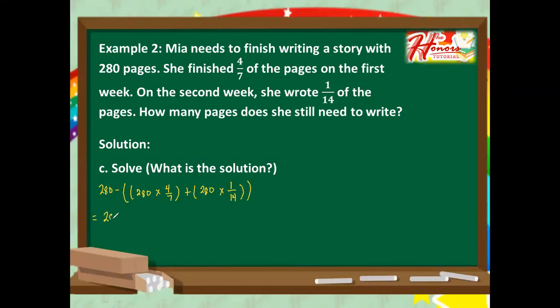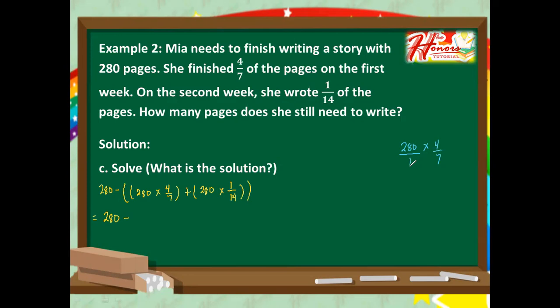So we have here 280 minus. Let's solve first for 280 times 4 over 7. As you can see here, 280 is a whole number, so we have to change this into a fraction.